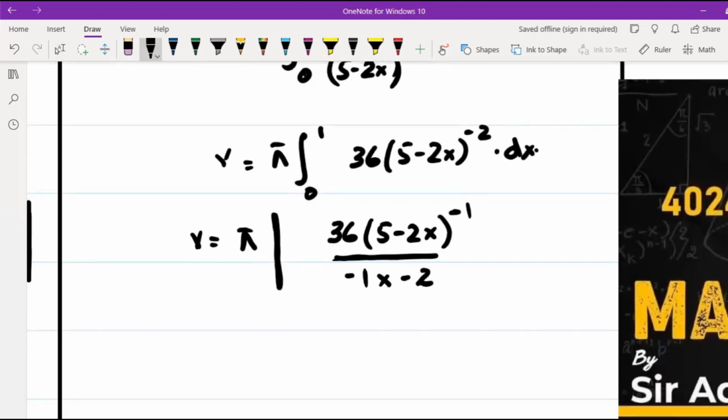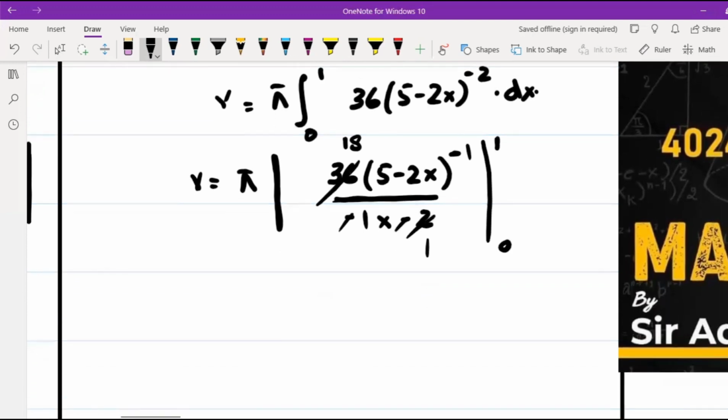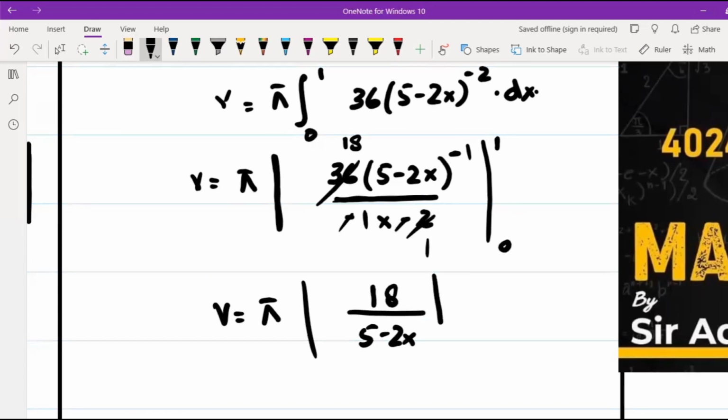So minus 2 will be 2. Minus minus is cancelled, 2 ones are 2 and 2 18s are 36. Your upper limit will be 1 and the lower limit will be 0. If we simplify, this should be pi times 18 upon 5 minus 2x, with upper limit 1 and lower limit 0.